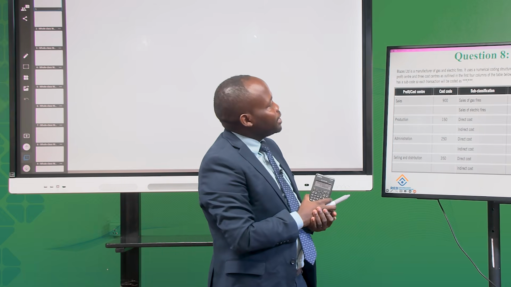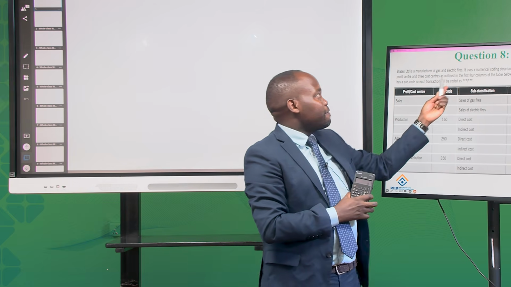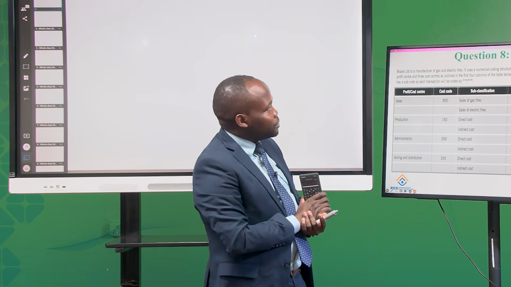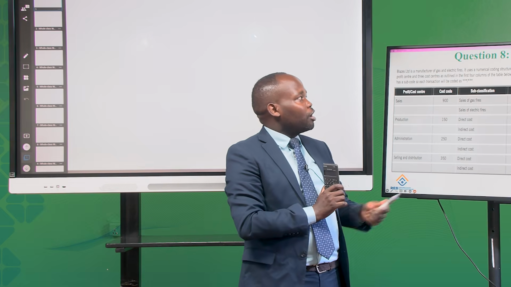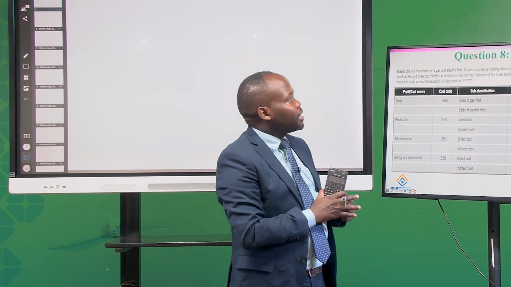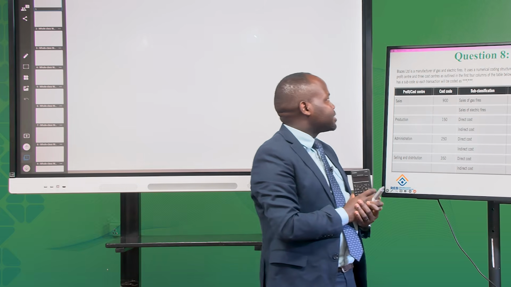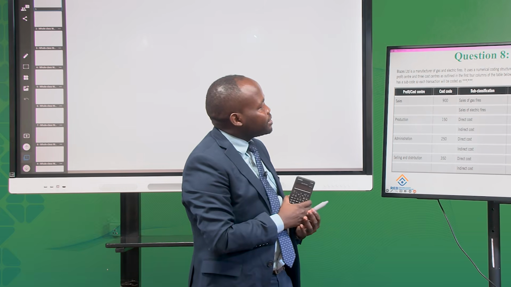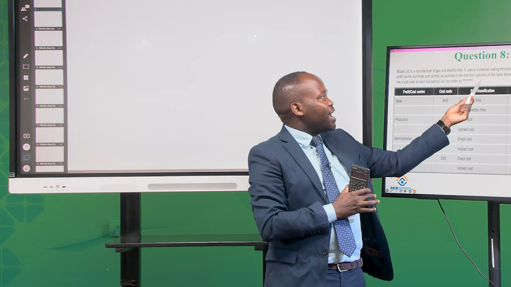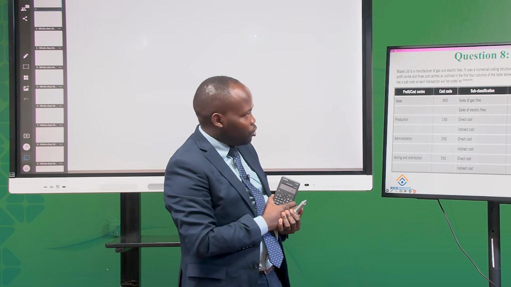So the question reads, Blaze Limited is a manufacturer of gas and electric fires. It uses a numeric coding structure based on a profit center and three cost centers as outlined in the first four columns in the table below.